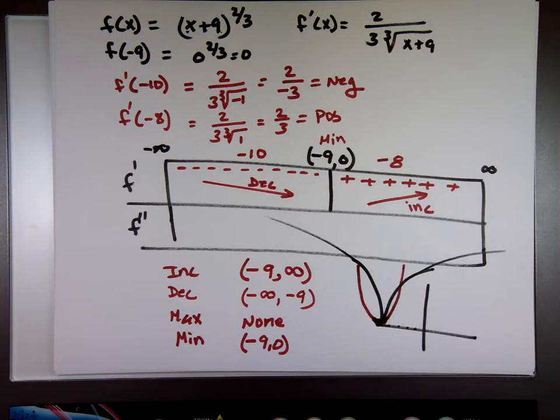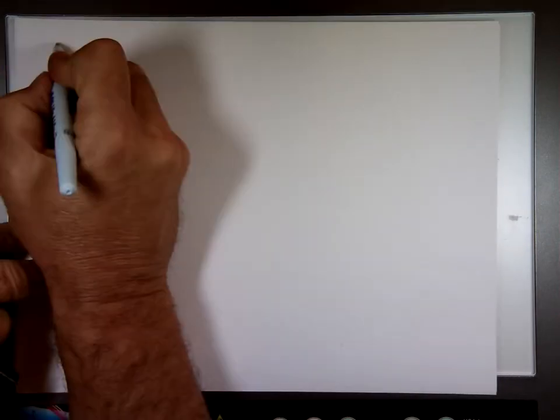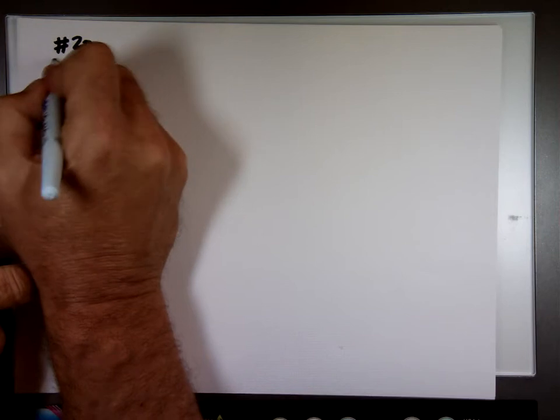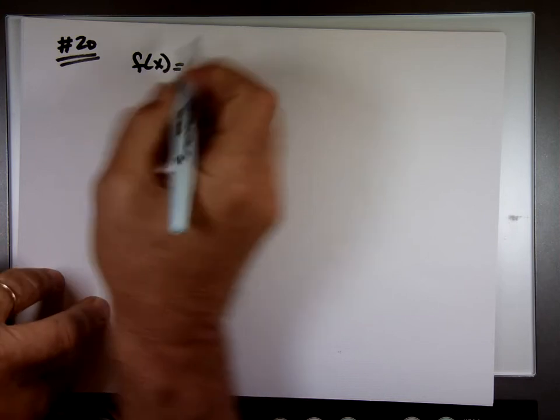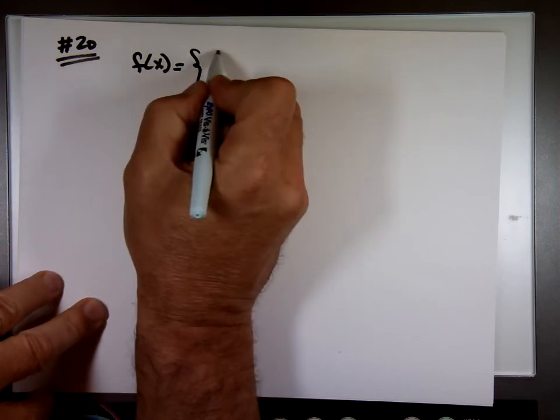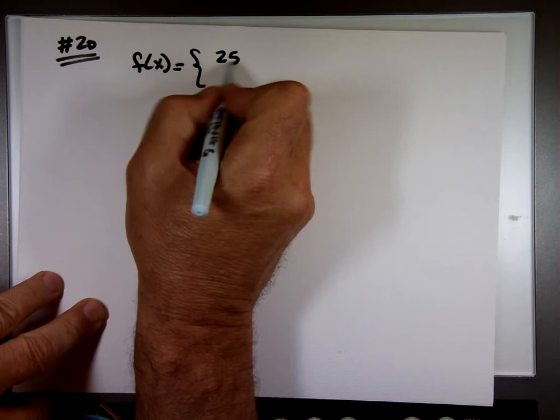Let's look at 20. F of x equals 25 minus, is that x squared?